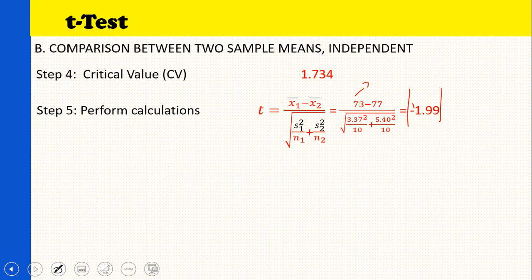Or if we're going to graph it under the tail test, we have 1.734 here. So dito si 1.734. This is already the critical value.